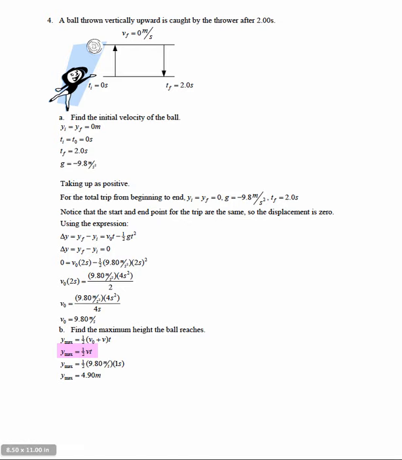We know the velocity is 9.8 meters per second. As we insert that value and multiply it times half the trip, which is 1 second, we end up with half of 9.8, which gives us a height of 4.9 meters. So that's the maximum height that the ball travels.